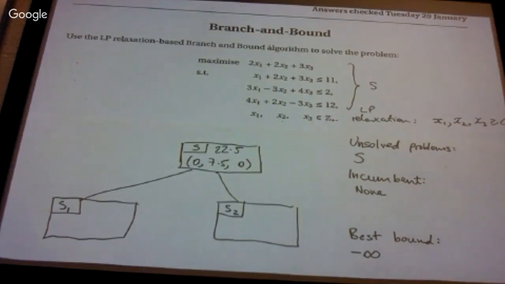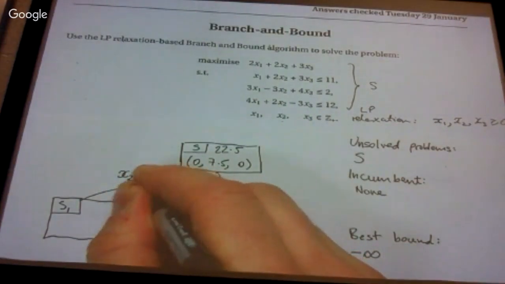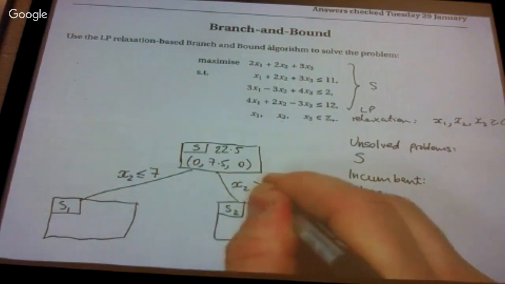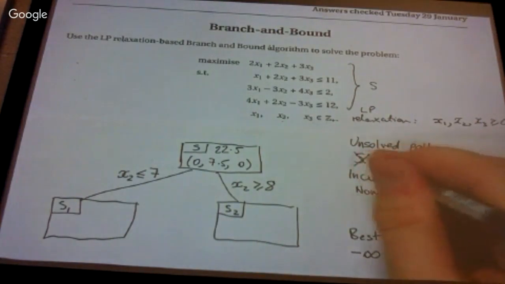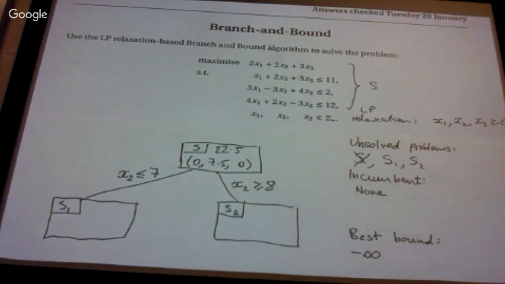Now, what you look at is some value which is fractional, and by a rule of thumb, the most fractional one. So this would be this 7.5, and you add two constraints. On the left, you add x2 no more than 7, and on the right, you add x2 greater than or equal to 8. Now, S has been solved, but you add S1 and S2 because they are unsolved problems.